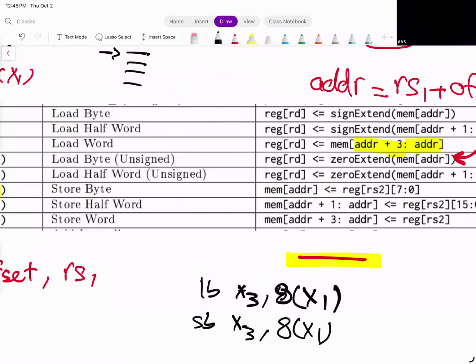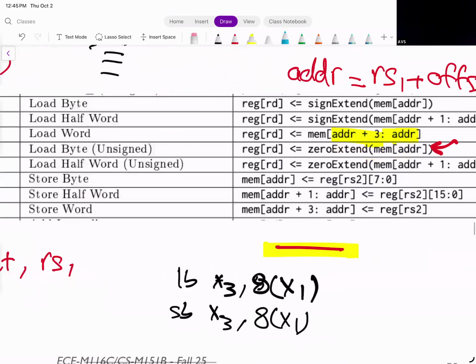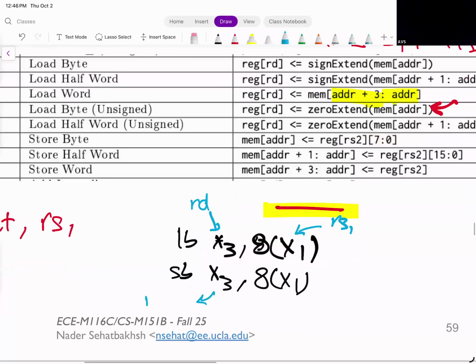The difference is that in the top one, this is your RD, this is your RS1. Here, this is your RS2 and this is your RS1. So this is a source register in the store instruction. For the load instruction, that's the destination register. You actually write to it. In the source, you write from it. Just keep that in mind.